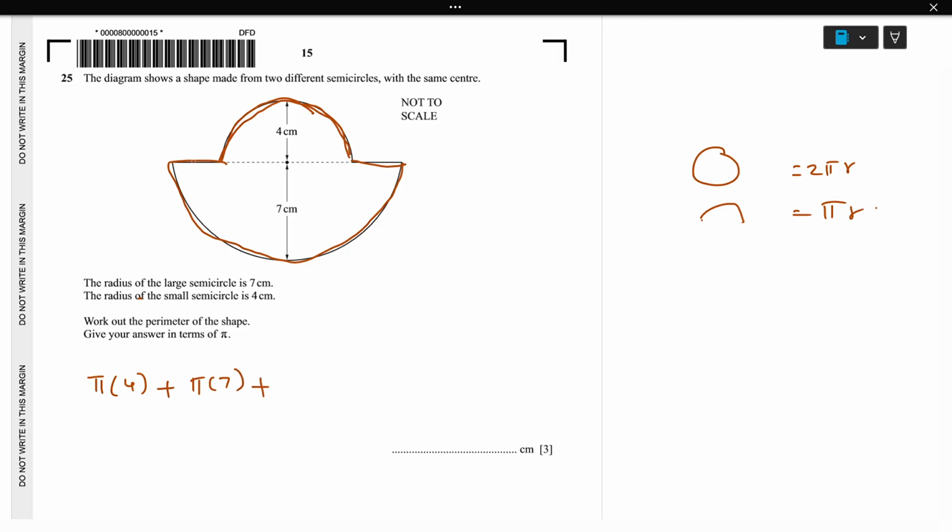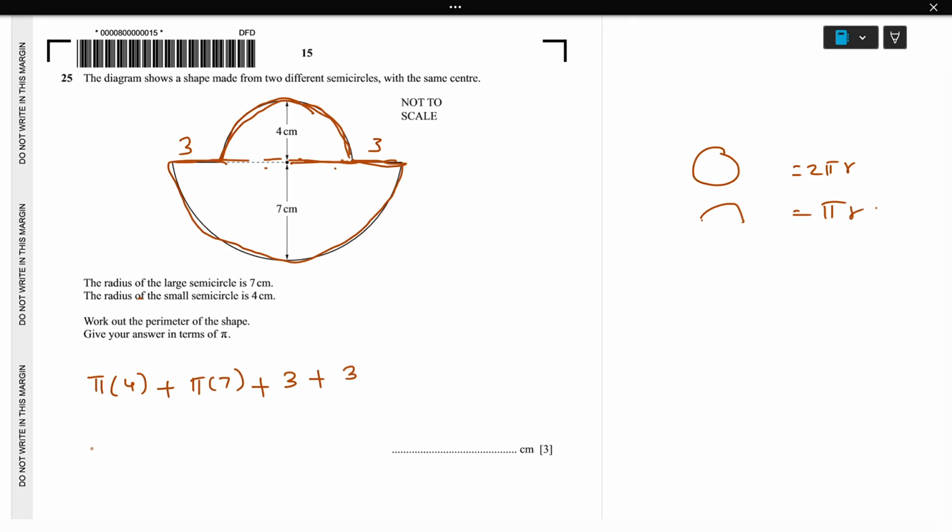Plus I need to add some extra length here. So here to here, this is 4 centimeter. We know this entire length is going to be 7 because this is the radius of the bigger one. So 4 is gone. So this is 3 and this is 3. So we should add 3 plus 3.